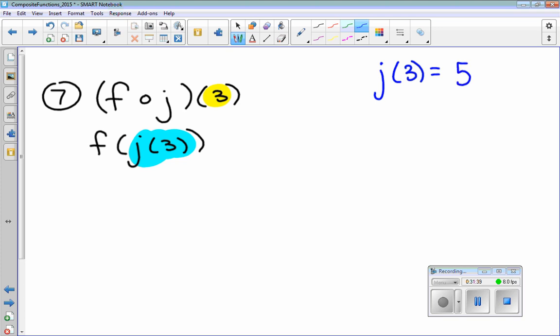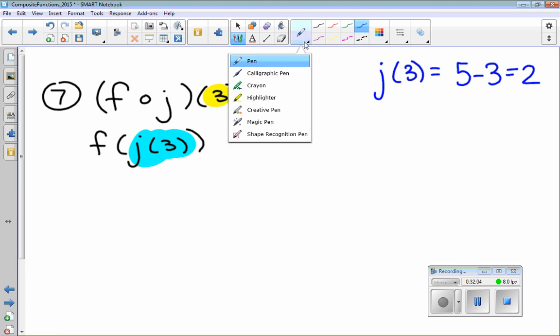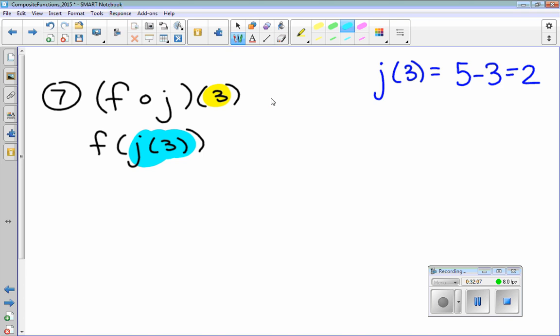I have 5 minus x, or 5 minus, not x this time, but 5 minus 3. So isn't j of 3 just 2? All I did was plug in the number 3 into my function j. 5 minus x. In this case, 5 minus 3. So I'm going to replace j of 3 with the number 2, because I've already figured out what j of 3 is. So this is really the same thing as f of 2.